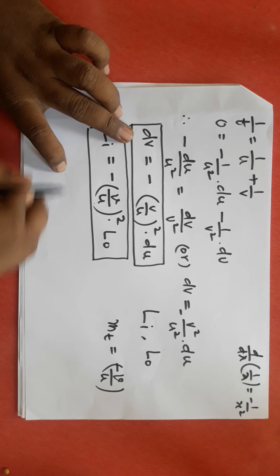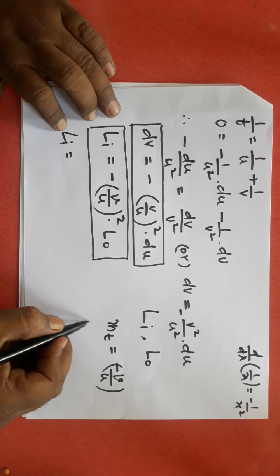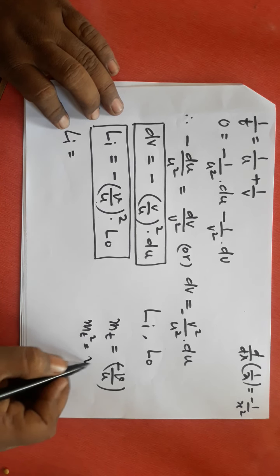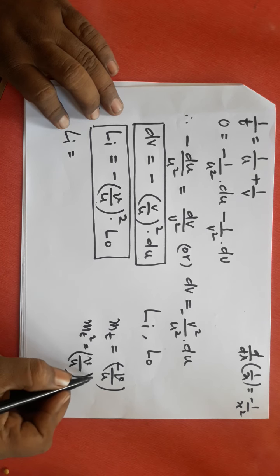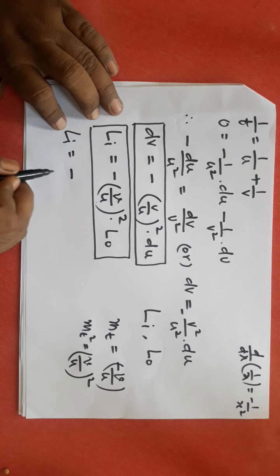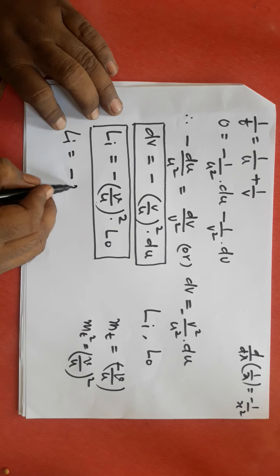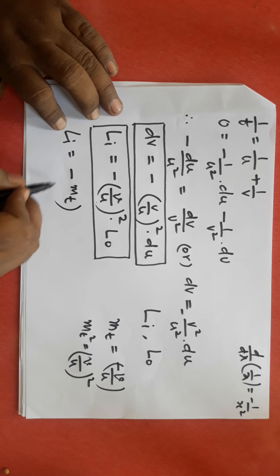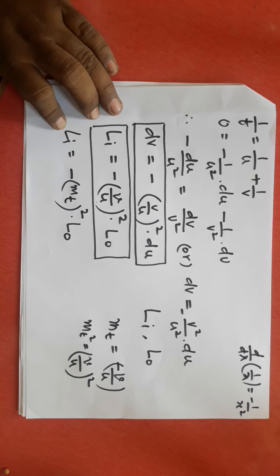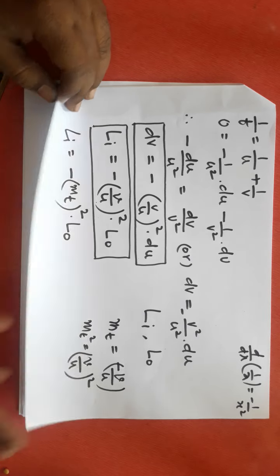That means dV, or length of the image, is equal to mt square. Mt square means minus V by U into minus V by U, it will be V by U whole square. I can write this as length of the image is equal to minus V by U whole square, which is mt square, into L naught. Okay. This is how you find the size of image.